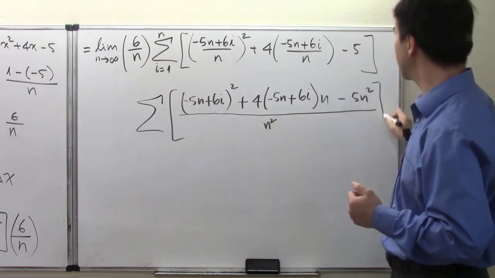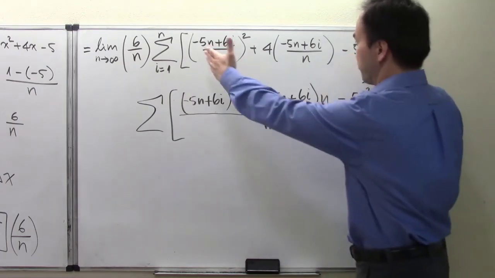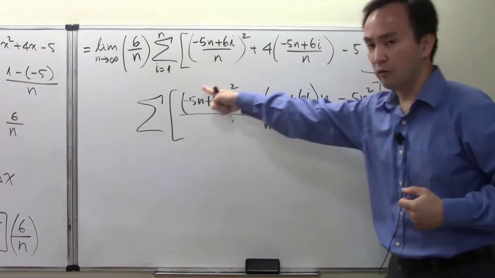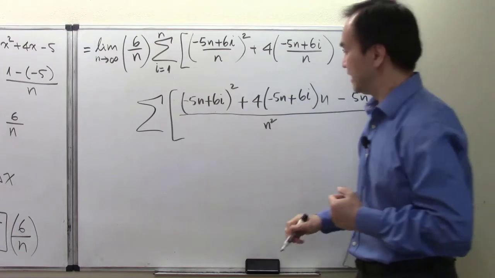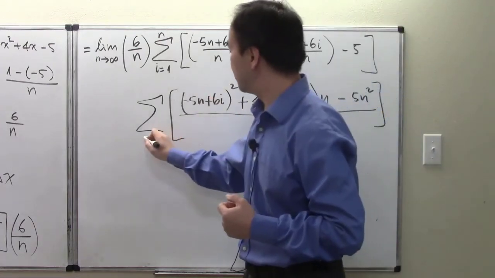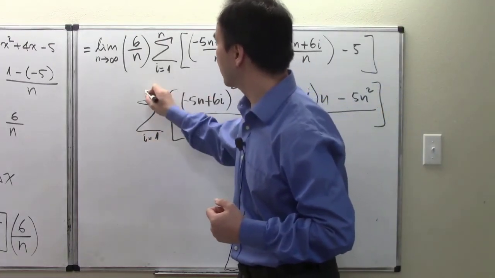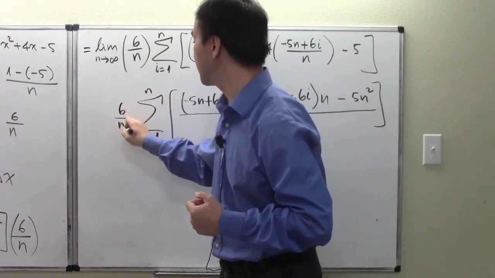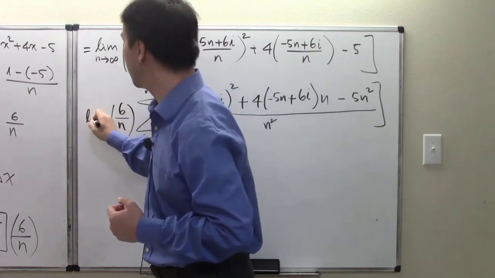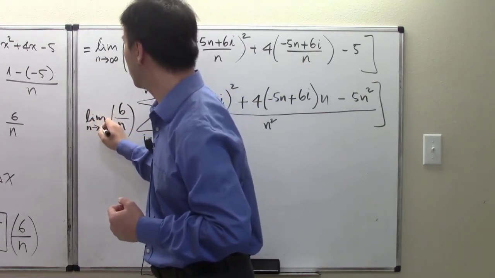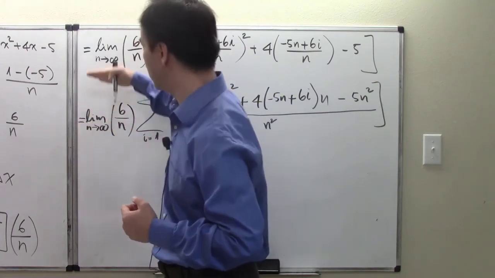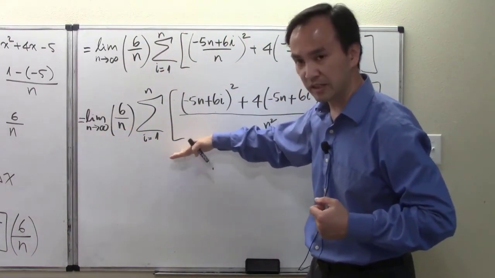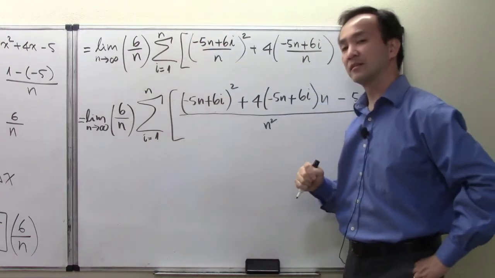This is what happens after I made the common denominator and brought all 3 terms, including fractions, into one overall fraction. And this is 1 term now of our summation, running from 1 to n. Of course, in front of that sum, we multiply with a common factor of 6 over n, and the problem is still a limit problem, letting n grow to infinity. Algebraically, this summation equals exactly the expression above.